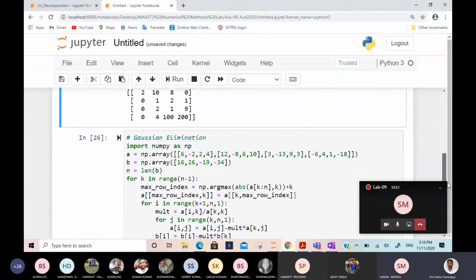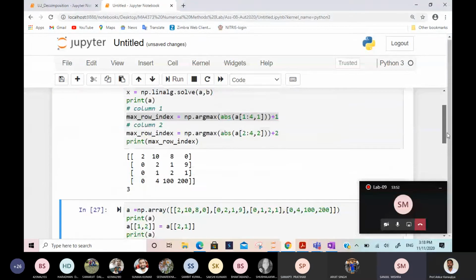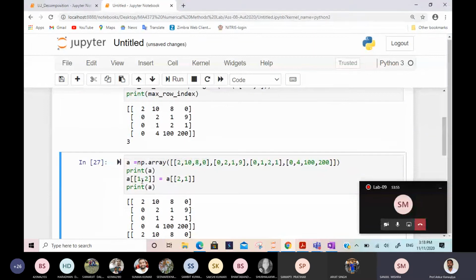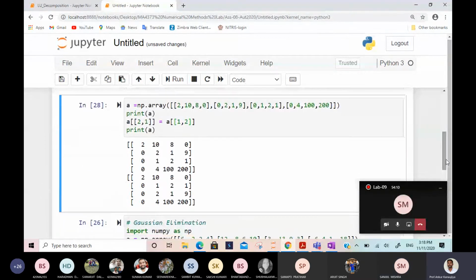And here sir, if we write A2.1 that is equal to A12, then what will happen? What will happen, tell me. Okay, fine. Now I'm running. See, now what will happen?